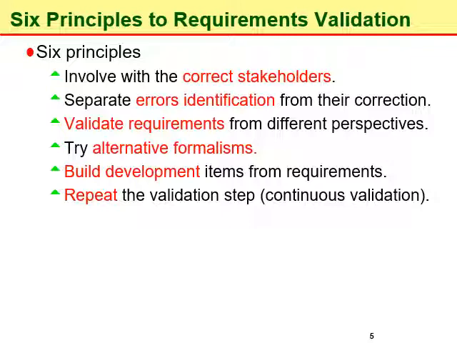Then validate requirements from different perspectives so that we can reach a consensus about the validity or correctness of the requirements. The next principle is to try alternative formalisms. For example, we can think of drawing use case diagrams to understand the goals and interactions among different actors.